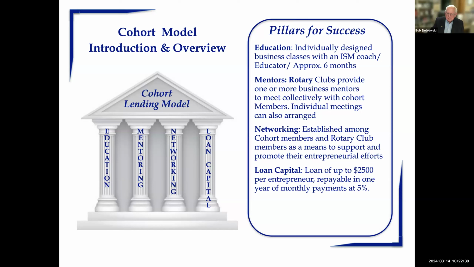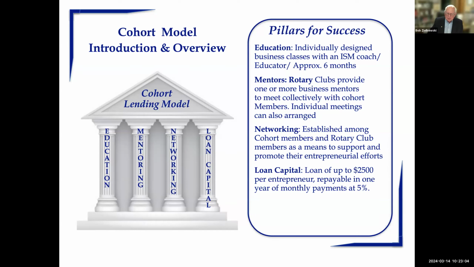Networking is extremely important in terms of business connections. We not only encourage our cohort members to establish networking between each other, but we use Rotary clubs in District 6400 to be a part of the networking that is necessary for them to move forward in their entrepreneurial efforts.